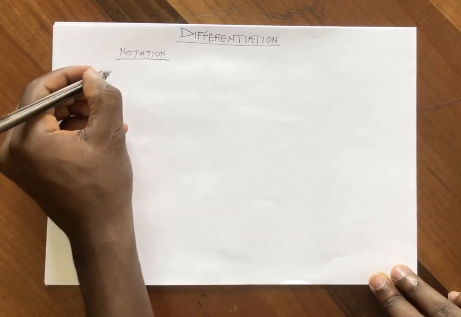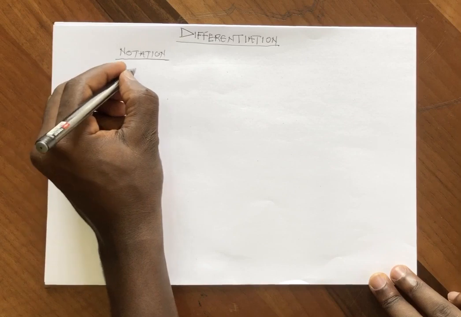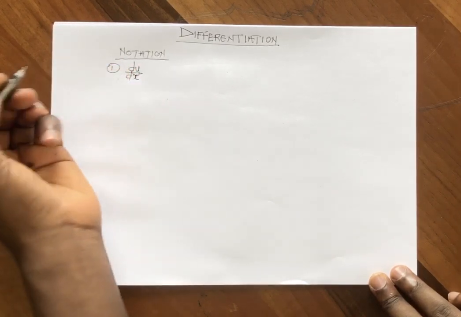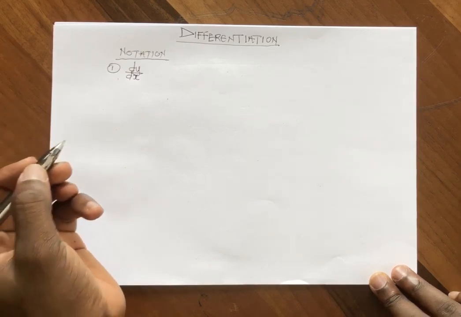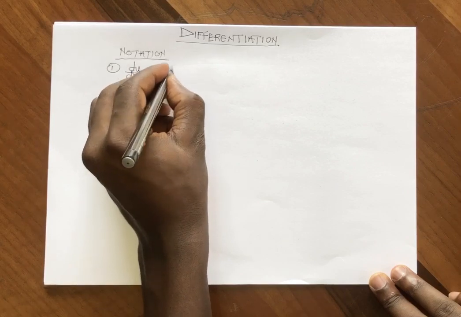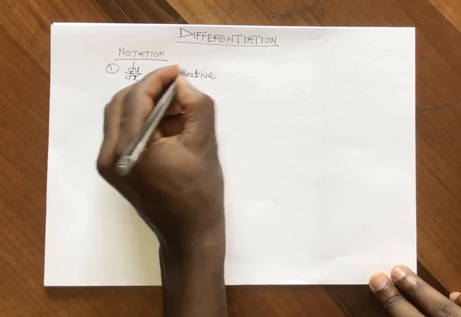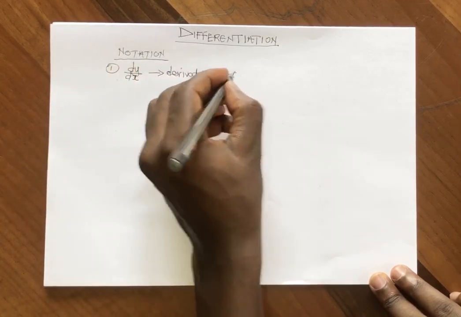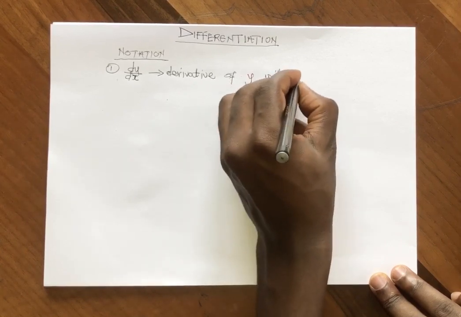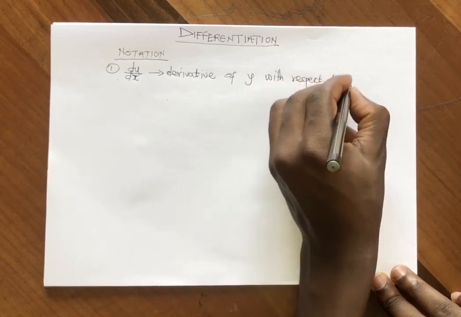The first notation, which is very popular in most of your books, is you would see this dy dx. Now, dy dx means the derivative of y with respect to x.